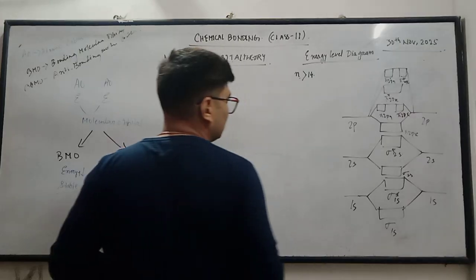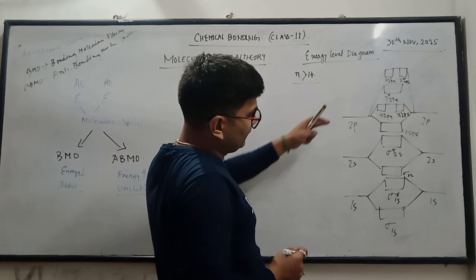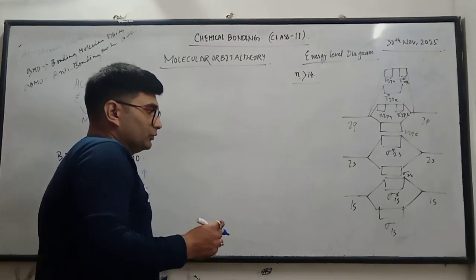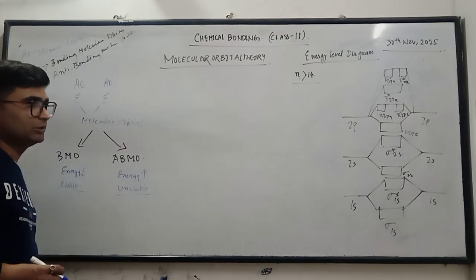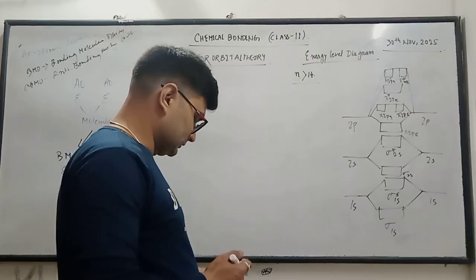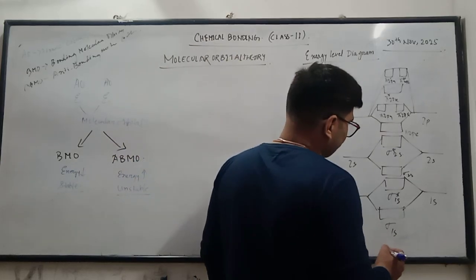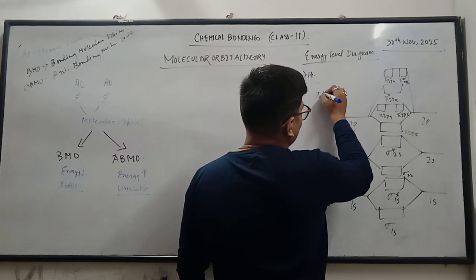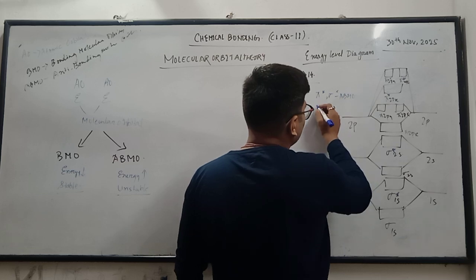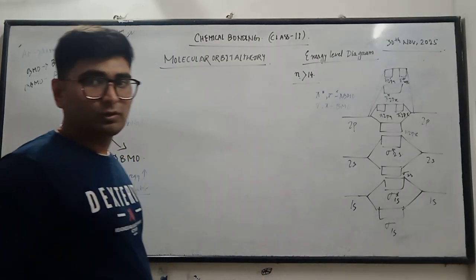In this diagram, if the number of electrons is more than 14, this kind of energy level diagram is shown, where the electrons are filled according to Hund's rule of multiplicity and the Pauli principle. Aufbau's rule is also applied. Here pi star and sigma star represent the anti-bonding molecular orbitals, while sigma and pi represent the bonding molecular orbitals.